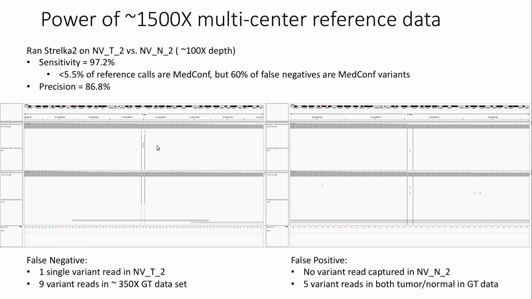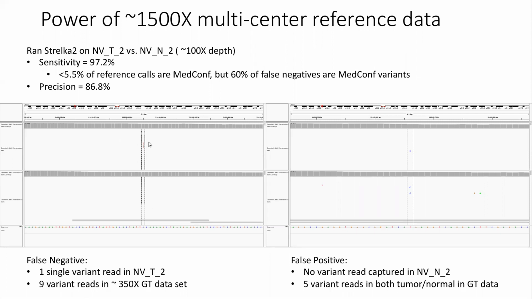On top, we're looking at the combined alignment from a 350x data set. On the bottom is the normal. You can see that if we look at a high depth, a 350x data coverage, there are 9 variant reads in it.